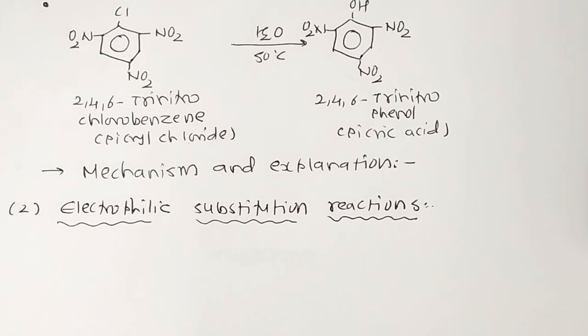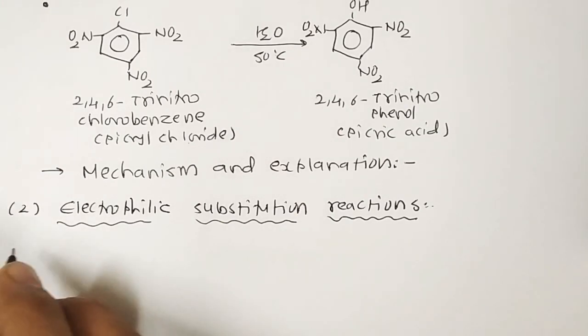Why these electrophilic substitution reactions in the case of haloarenes? Haloarenes undergo the usual electrophilic substitution reactions of the benzene ring such as halogenation, nitration, sulfonation and Friedel-Crafts reactions. The halogen atom is slightly deactivating because chlorine is more electronegative.